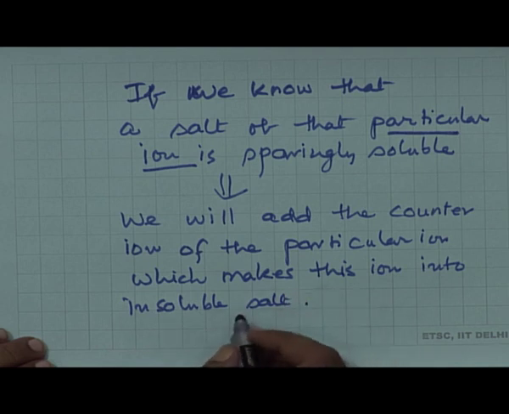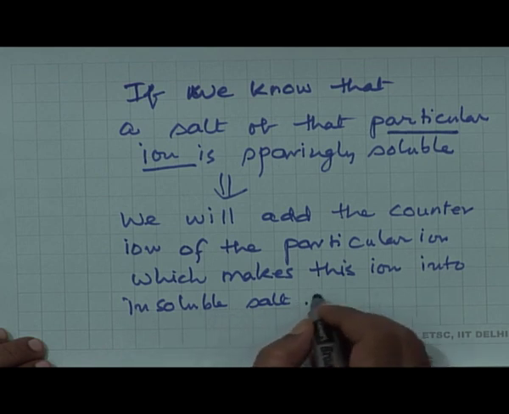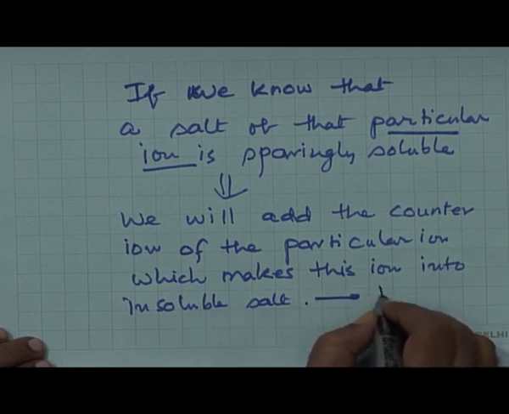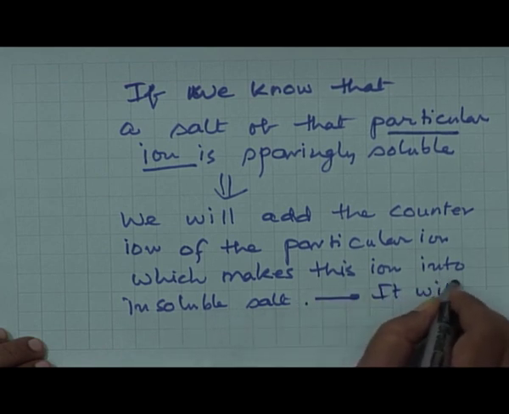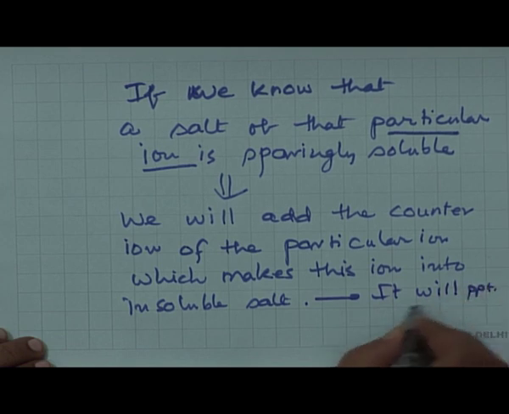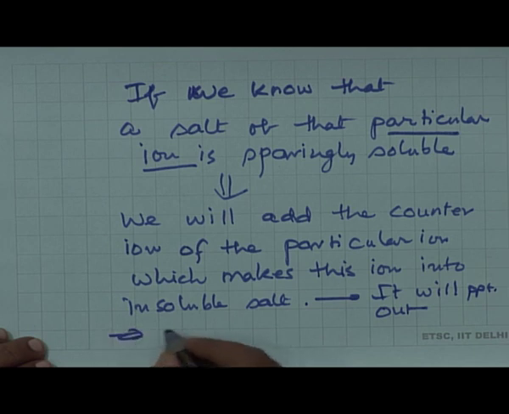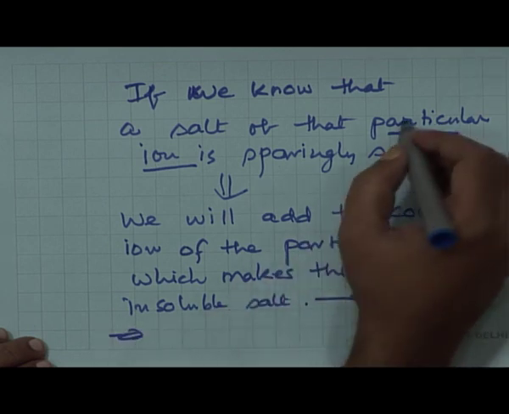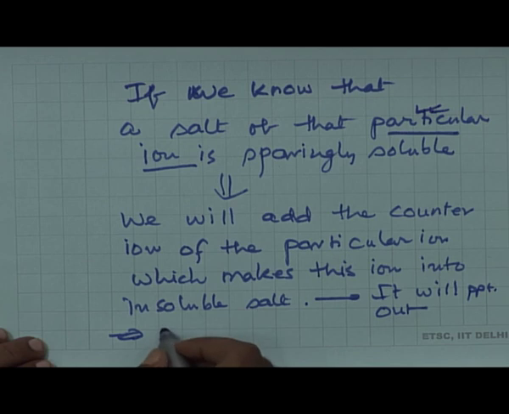When the insoluble salt is formed, it will precipitate out, and we can know that this particular ion is present.